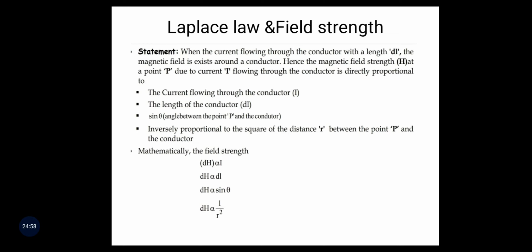Mathematically, dH is proportional to I, dH is proportional to dl, dH is proportional to sin theta, and dH is inversely proportional to the square of the distance, that is, dH is proportional to 1 by r square.